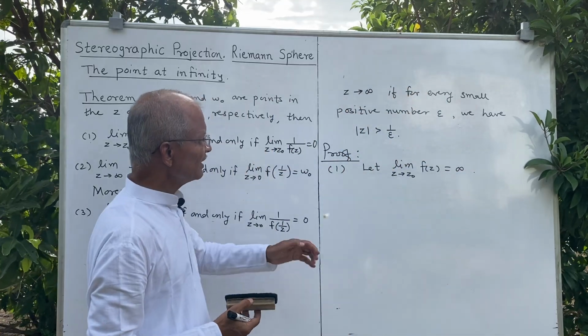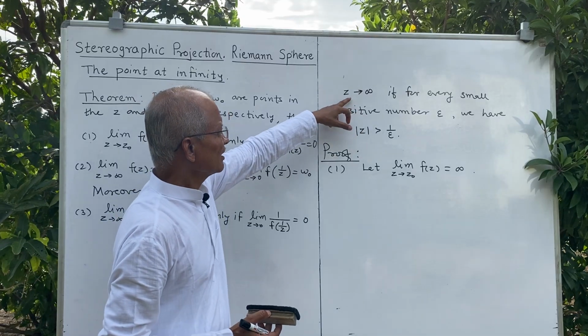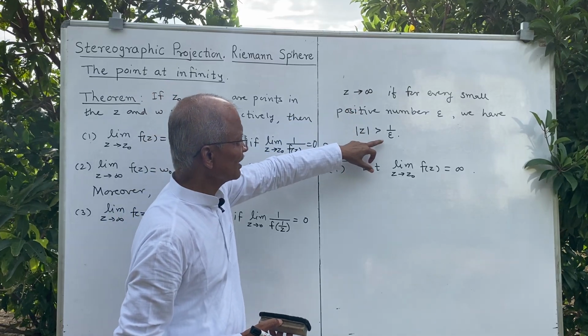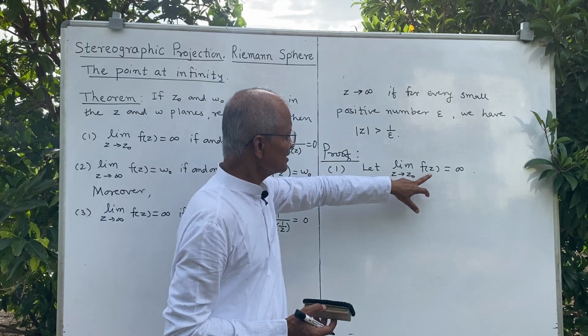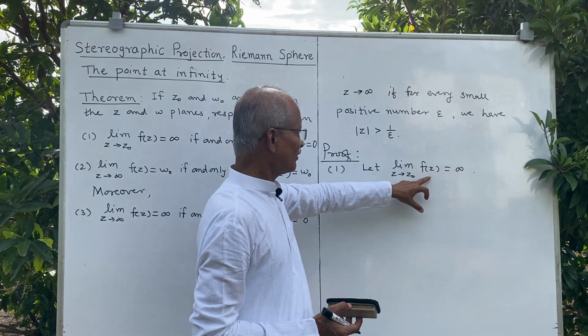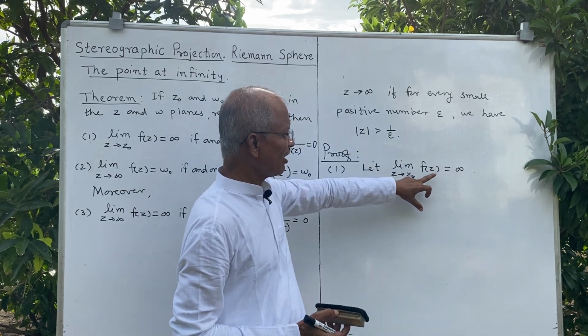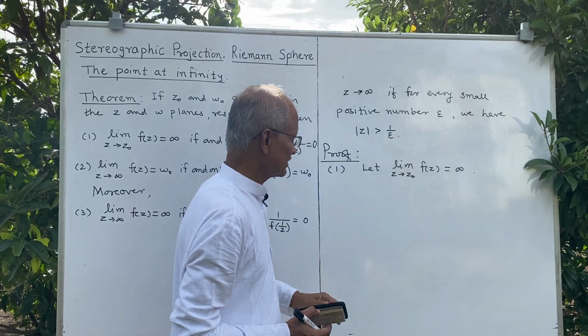This is known as the epsilon neighborhood of infinity. Here mod z greater than 1 upon epsilon is known as the epsilon neighborhood of infinity. Now, f of z approaches infinity, and therefore, here instead of mod z we will have mod f of z, and that will be greater than 1 upon epsilon.